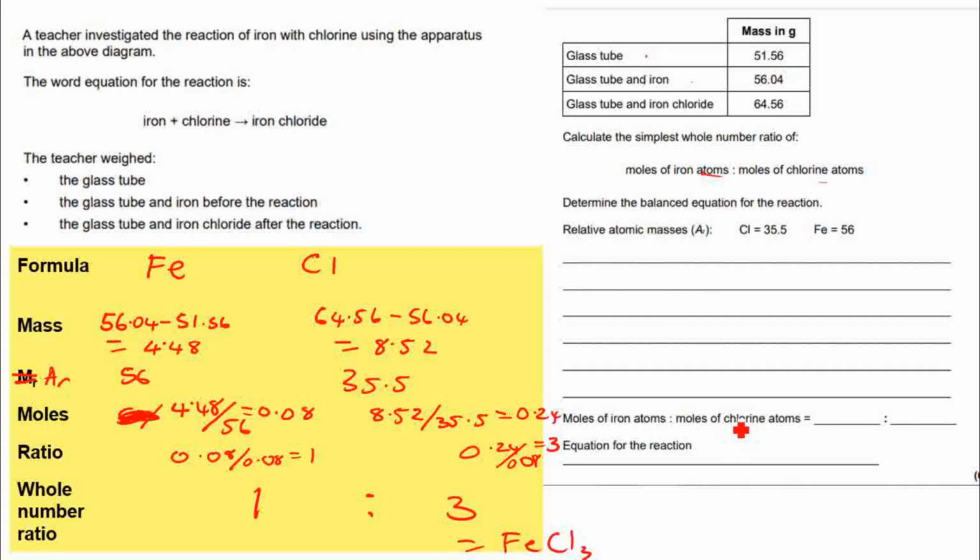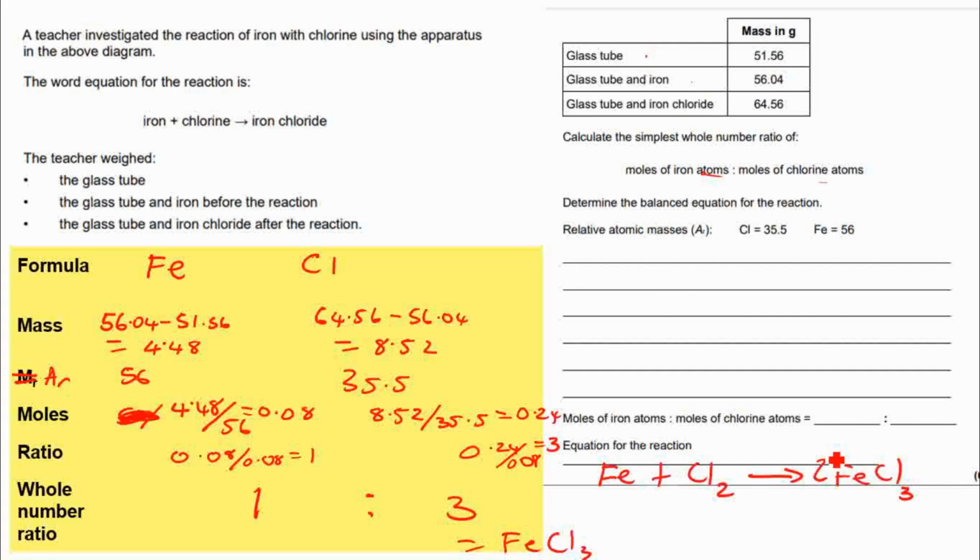Because it's FeCl3, now we need to look at the balanced equation for this reaction. So they're reacting iron plus chlorine, and that forms FeCl3. Hold on a moment, let me just erase that so you guys can have a look. So it's going to be FeCl3, and now to balance that we need to put a 2 there.